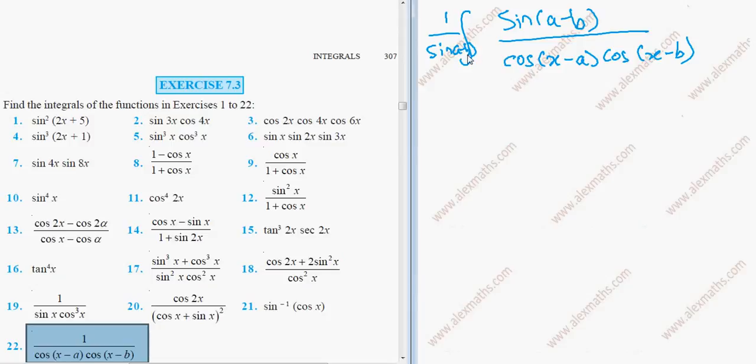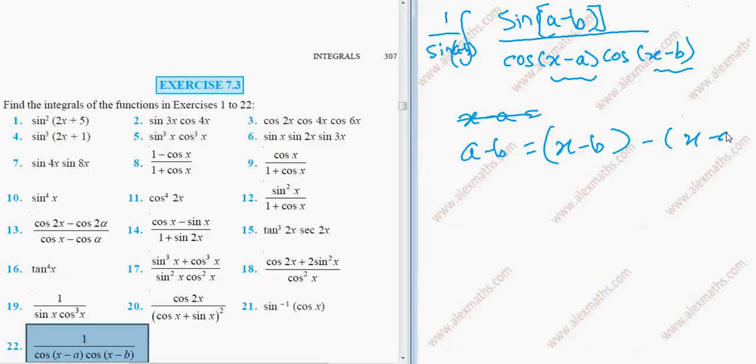This rearrangement we should remember. Then after this, a minus b should be written in terms of x minus a and x minus b. That is, a minus b is nothing but x minus b minus x minus a. If I simplify this, I'll get a minus b. So this numerator a minus b can be replaced with this.